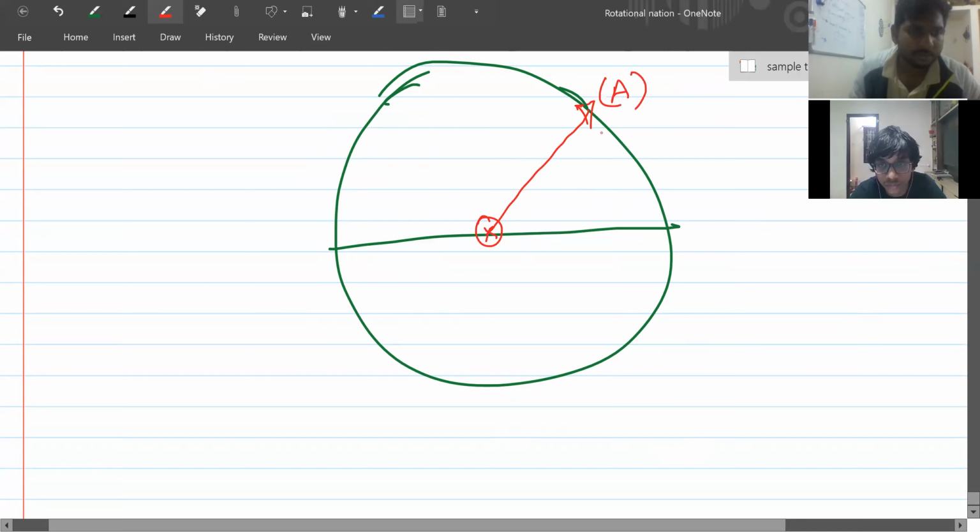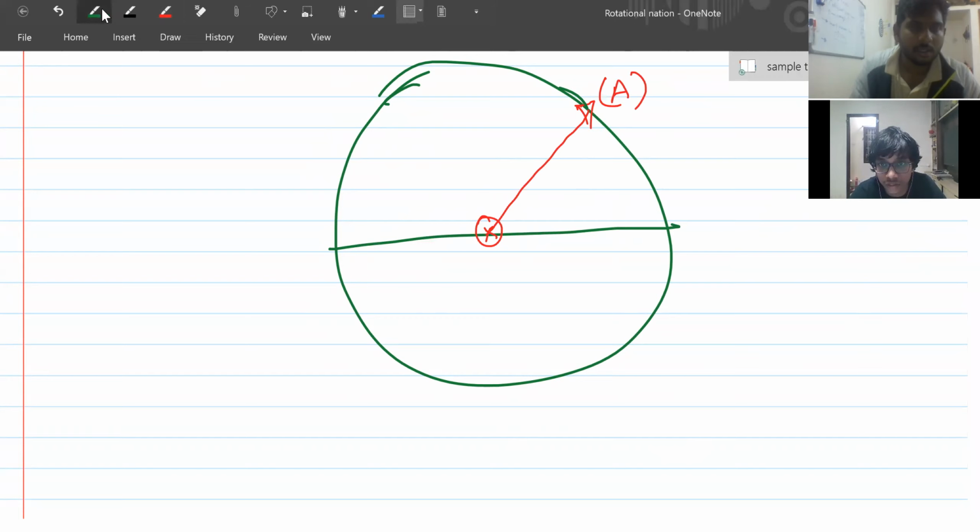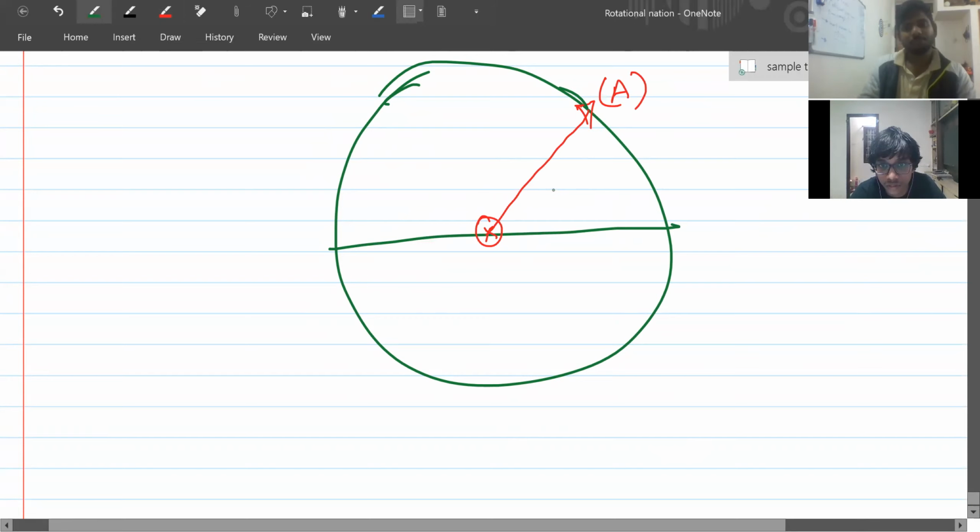The other particle is also at A by 2. But one particle is going from mean to extreme, and another particle is coming from extreme to mean. Did you understand this? If you start, I'll draw this line here.